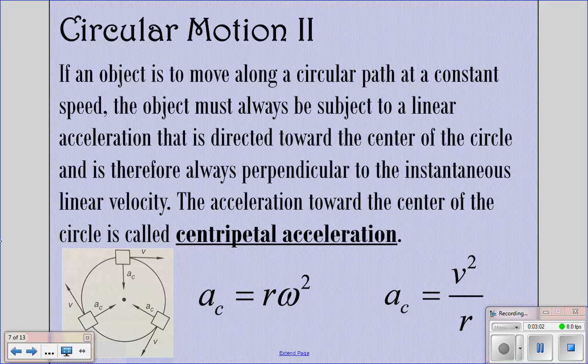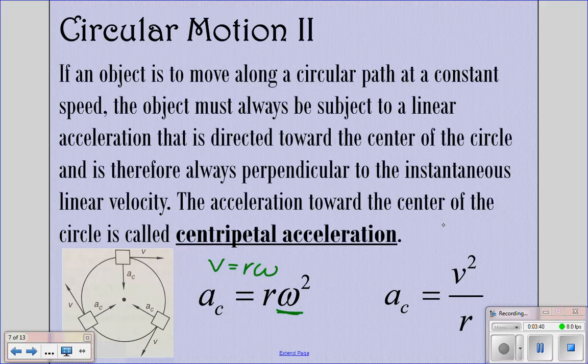We can also write our centripetal acceleration in terms of omega, the angular speed. Remember that v equals r omega. So instead of v squared, we can write r omega squared.